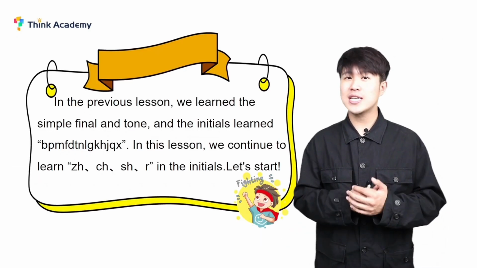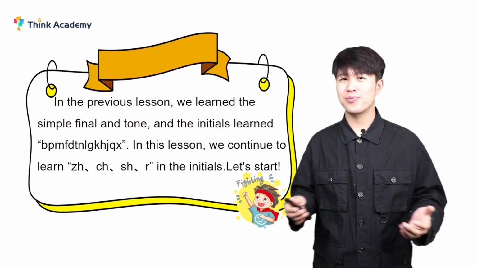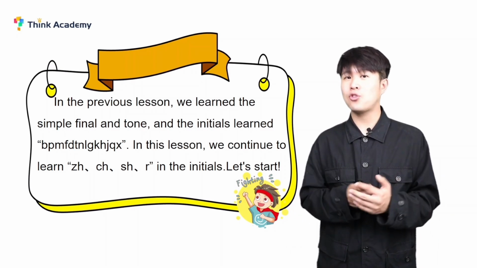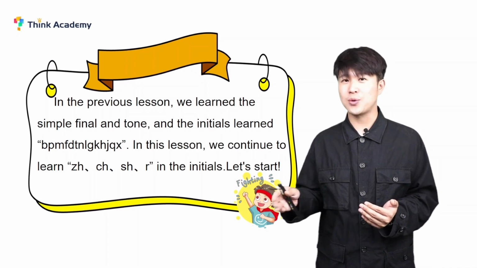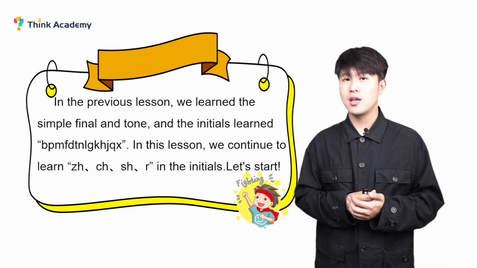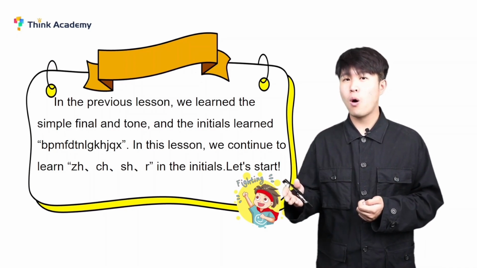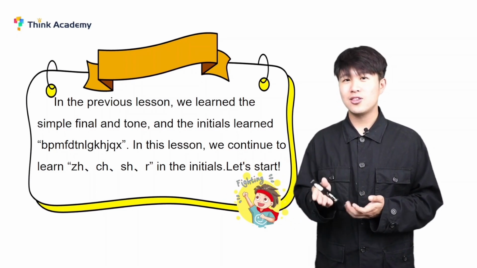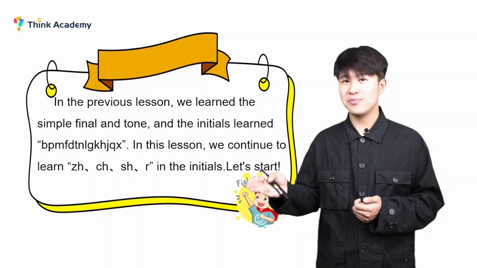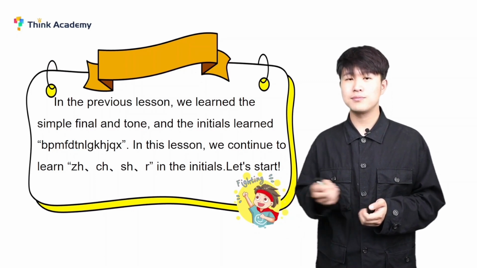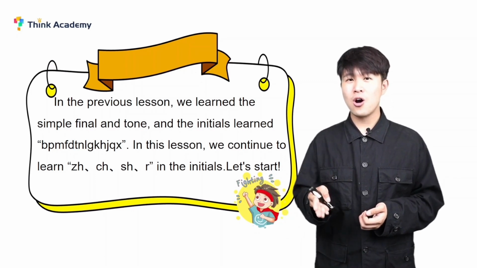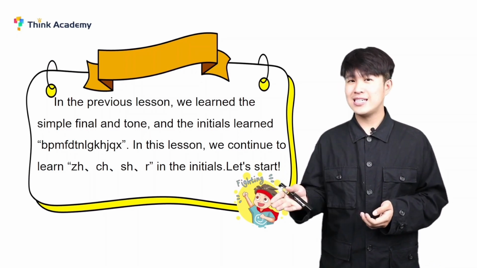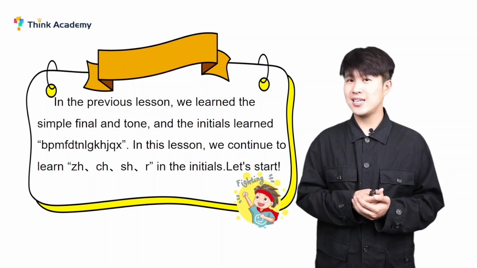Firstly, before today's lesson, let's have a review. In the previous lesson, we have learned simple finals and tones. And for the initials, we have learned bo, po, mo, fo, de, te, ne, le, ge, ke, he, ji, qi, xi.